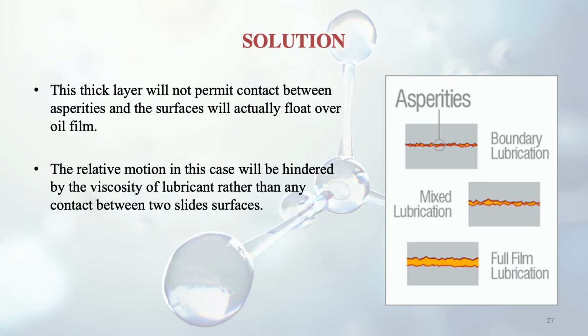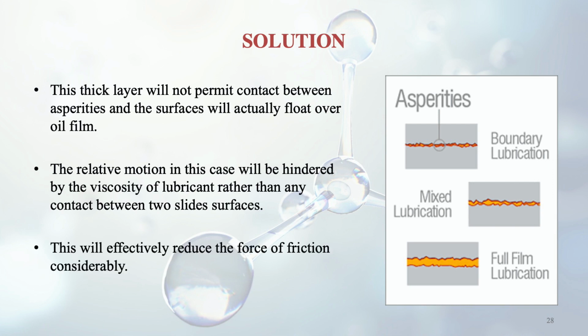So viscosity is the term, and you must have read it in fluid mechanics also. Through the viscosity this thick film lubrication is affected, and the viscosity plays a major role instead of the contact between the two surfaces, and this will effectively reduce the force of friction considerably, and this situation is known as fluid or film friction.